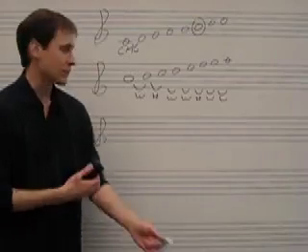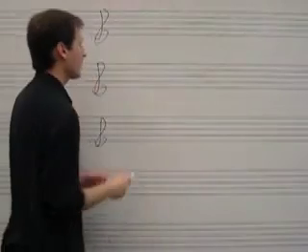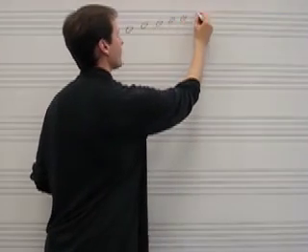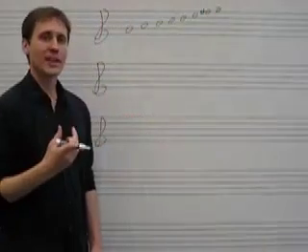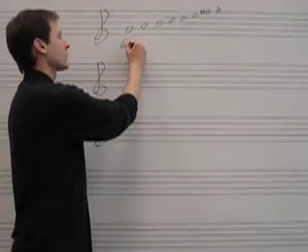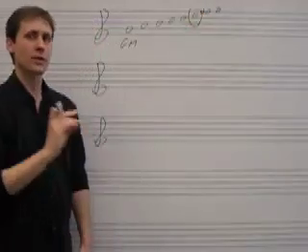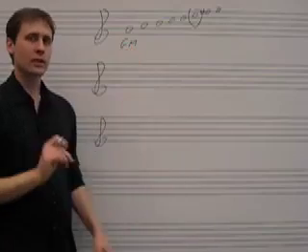Let's do a few more examples. If you start with the key of G major, we know that the scale of G major has one sharp. Okay? Well, what is the relative minor? It's E. So in this case, we know that the G major scale has one sharp.